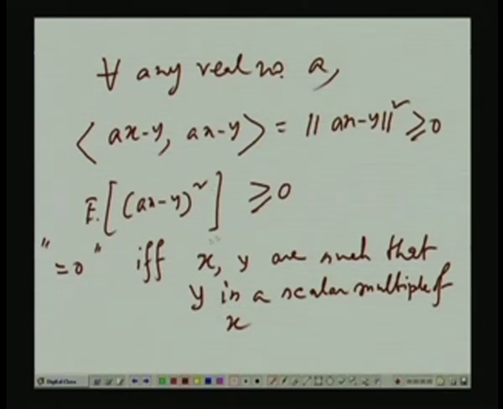You see, when it is equal to 0, what happens then? After all, we are trying to prove the Cauchy-Schwarz inequality.